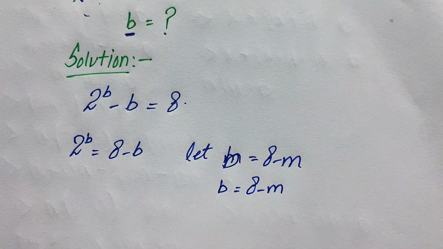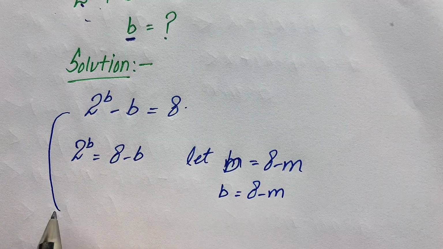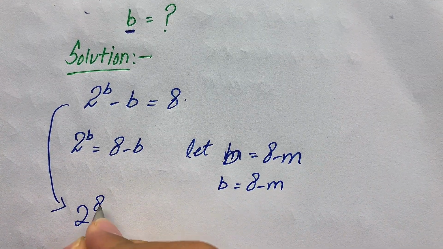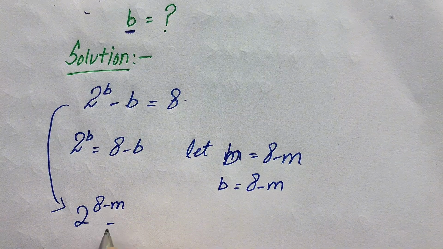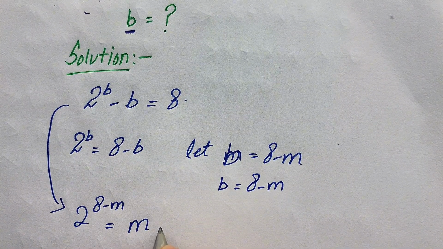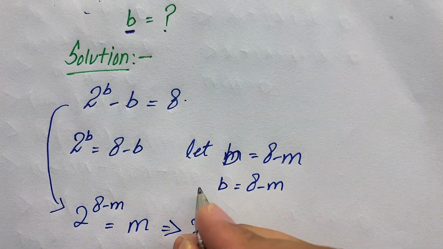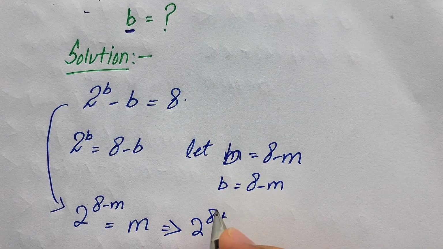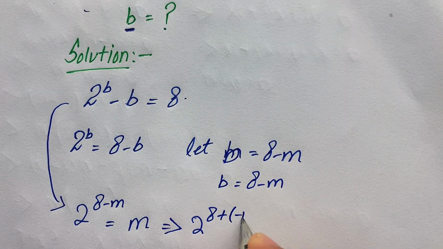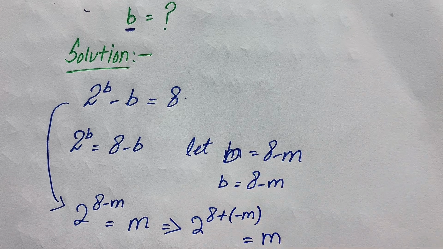Now we are putting this in. After this, 2^(8 - m) is equal to m.